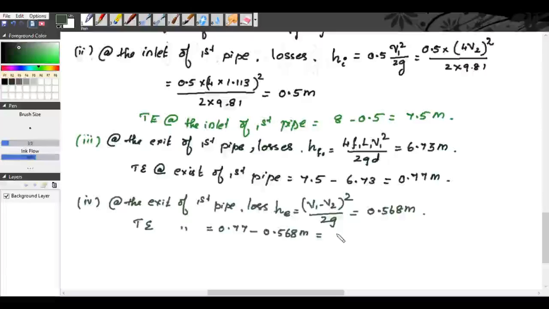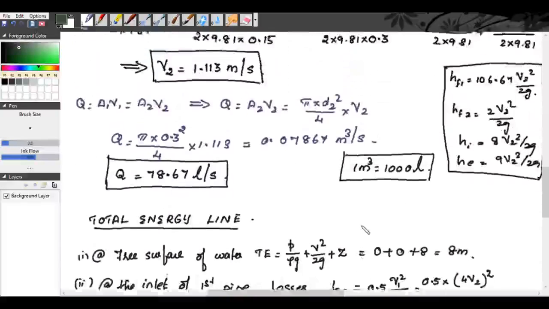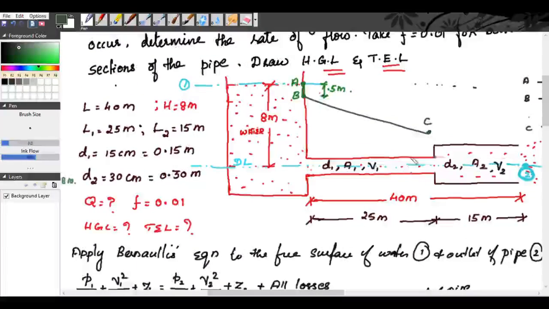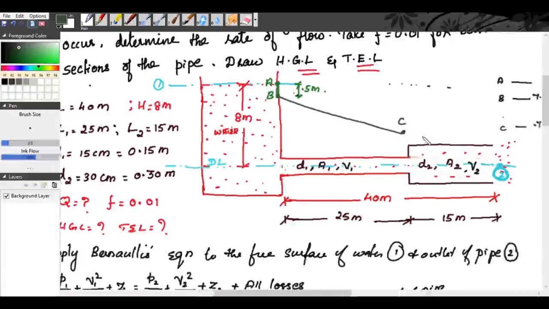So total energy at the exit of first pipe is equal to 0.77 minus 0.568 meter. We get, let me subtract, 0.77 minus 0.568. We get 0.202 meter. So here this is getting down to 0.202 meter.